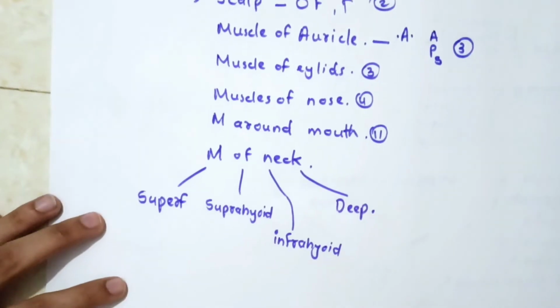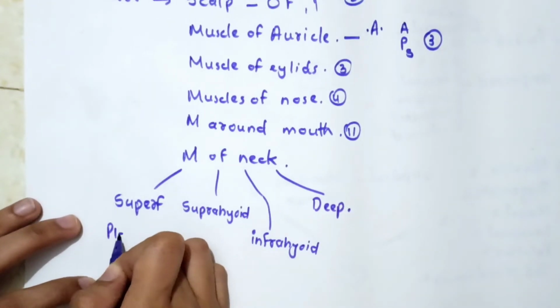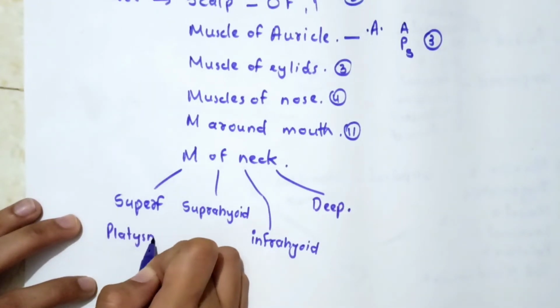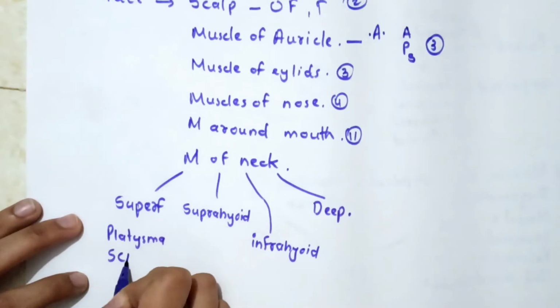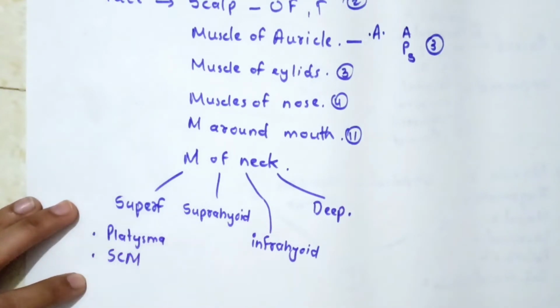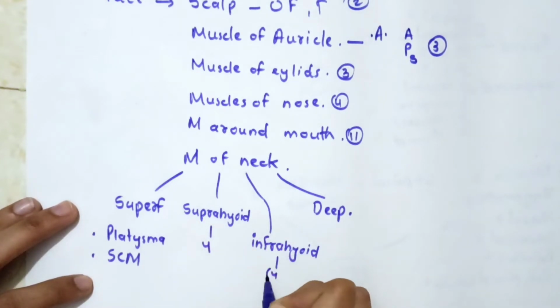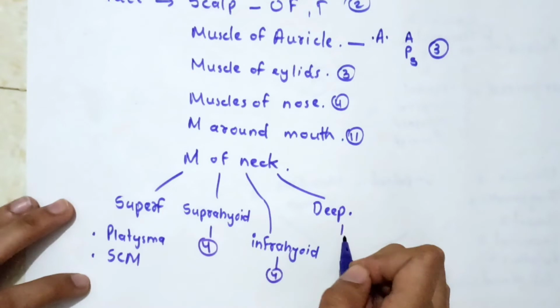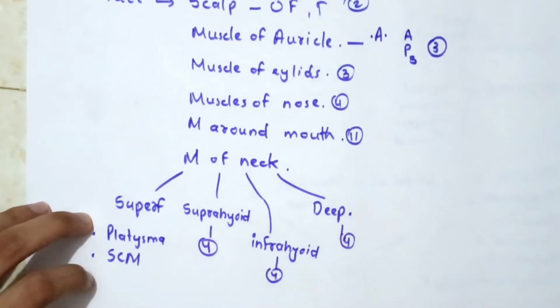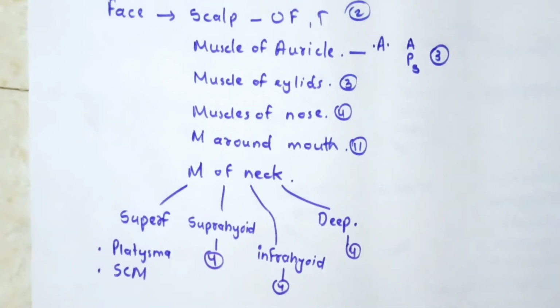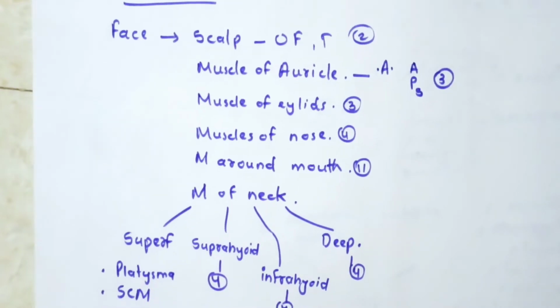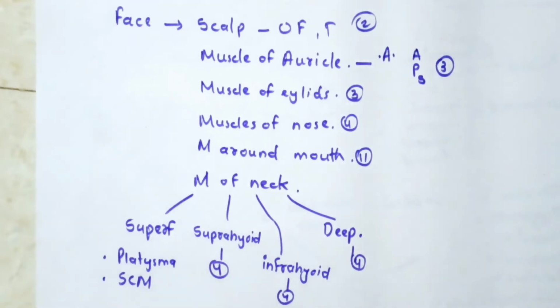In the superficial we have platysma and sternocleidomastoid muscle. Here we have 4 muscles, here also we have 4 muscles, and the deep we also have 4 or 3 something muscles. So these are the complete muscles. We'll deal with each of them in detail in separate videos. Here I am only giving you an overview. Now let's see the muscles in the atlas.